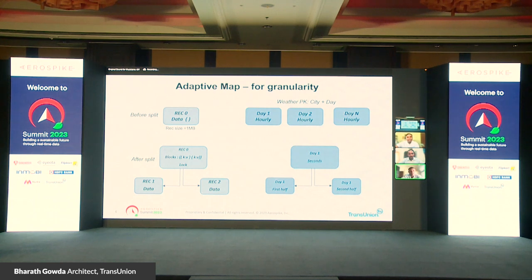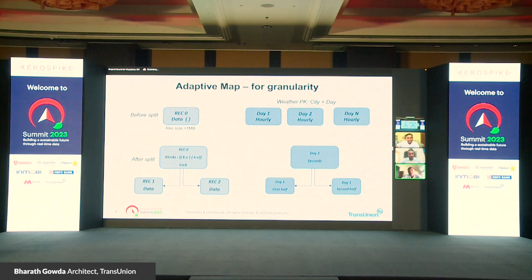At a high level, the adaptive map works in this way: when the record is within the 1 MB size, the root record holds all the data. If the data expands and exceeds the write block size, then the adaptive map will automatically split the records into child records, and now the root record will only hold the index, not the data.